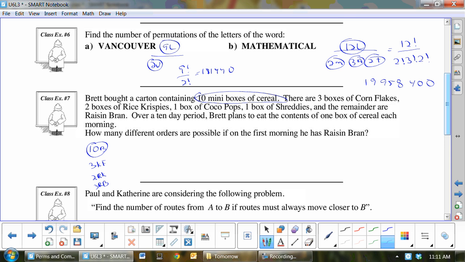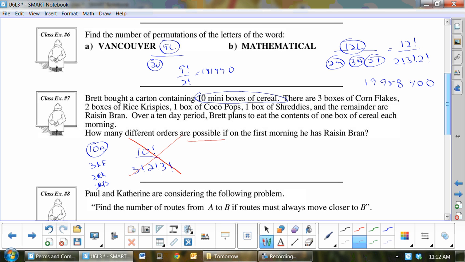Okay, so how would you do this one? 10 factorial over 3 factorial, 2 factorial, 3 factorial. Okay, and then I want you to do this, because that's totally wrong. If you read the question, what changed this entire question from being like B?